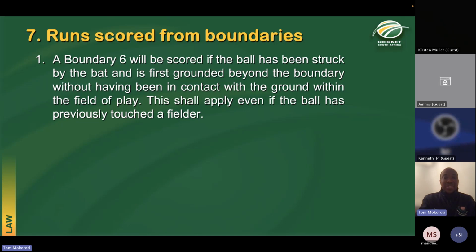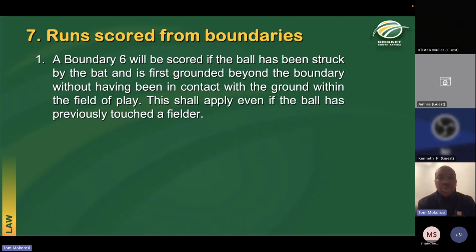This shall apply even if the ball has previously touched a fielder. So pretty straightforward. The ball has to be struck by the bat and it lands for the first time outside of the boundary. And this will be 6 even if it is parried over the boundary by a fielder.